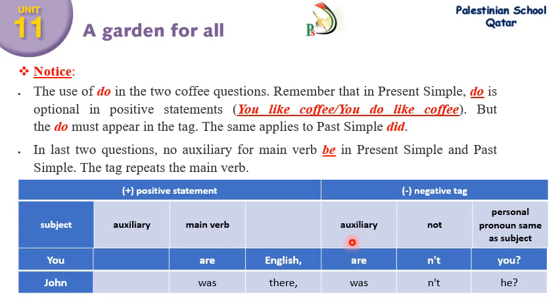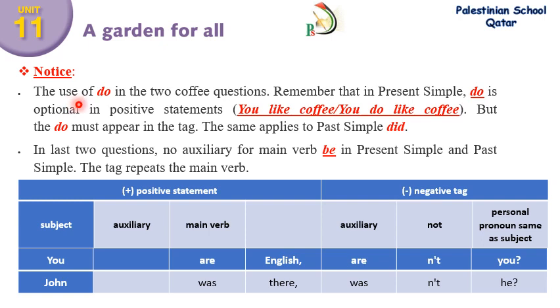Auxiliary are, not, you. Personal pronoun same as subject. John was there, wasn't he? Was, main verb. Auxiliary here, negative, not. Personal pronoun same as subject, he, because John is singular and he is a man.